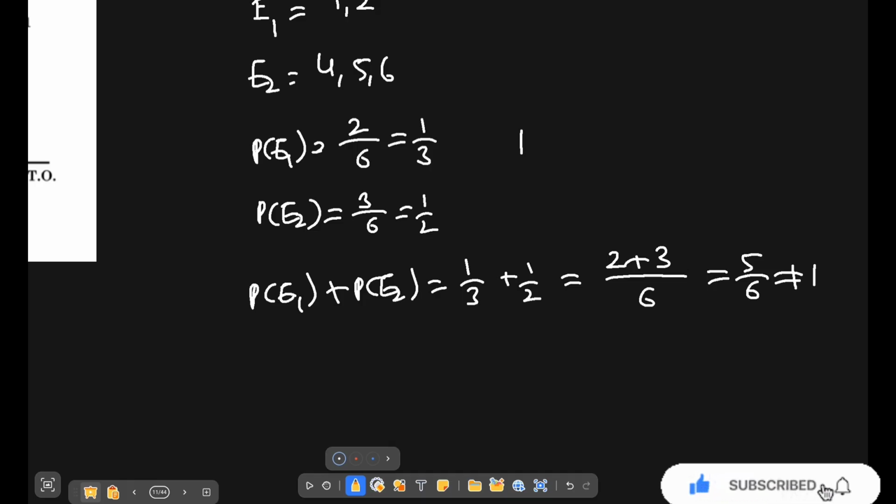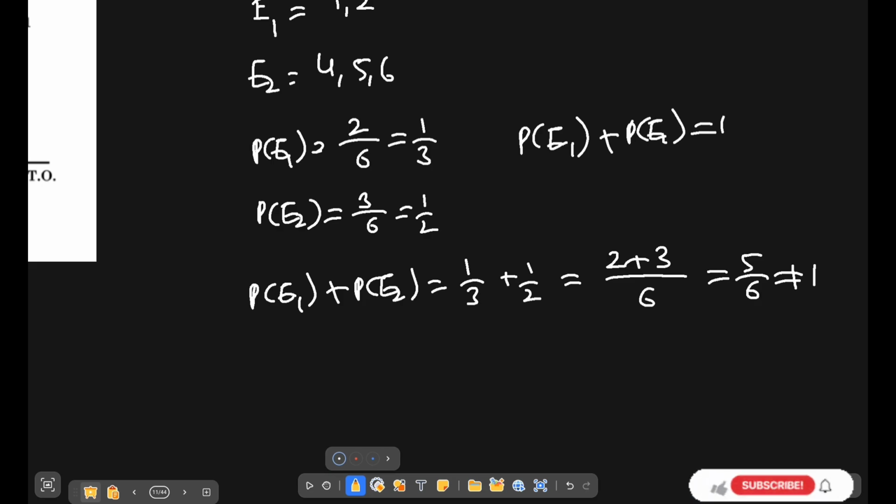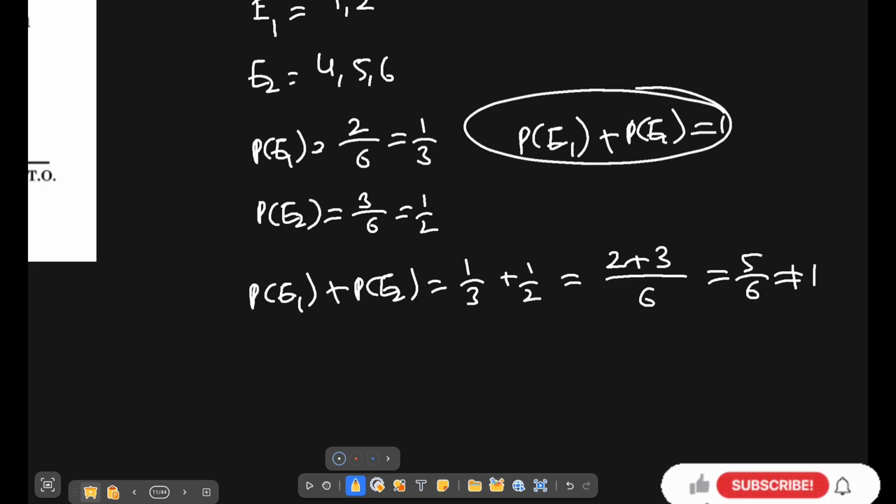If they are complementary events, probability of E1 plus probability of E2 should be equal to 1. Then only they are complementary events, otherwise they are not. So the assertion is false.